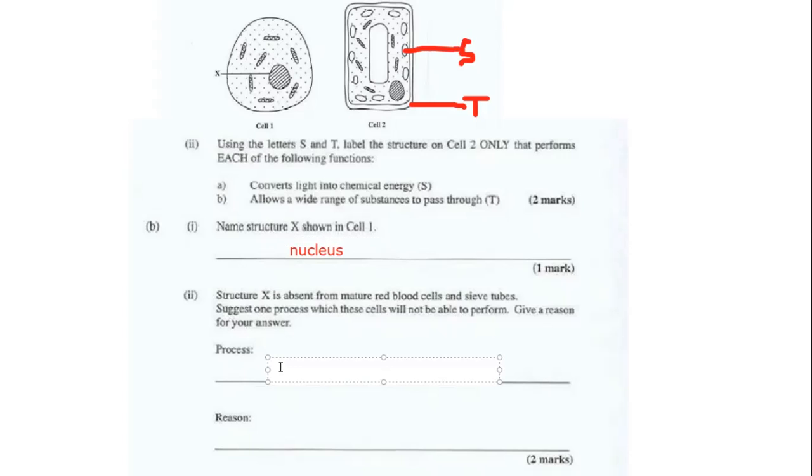Cell division. Cell division, that's what I'm looking for. So mitosis is a type of cell division. So that's a process that they will not be able to perform. What's the reason? Because there's no genetic information that will be split.